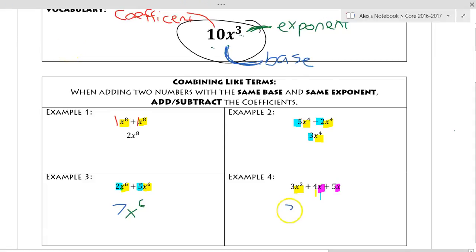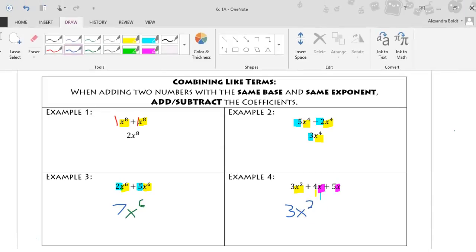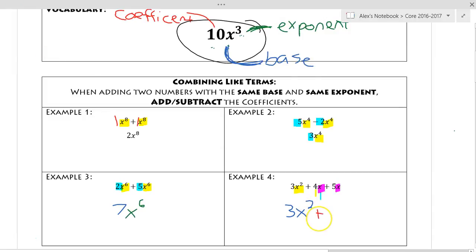Well, I still have just 3 apples. I still have just that 3x squared. Plus, now I have 4 oranges and 5 oranges for a total of 9 oranges. So 4x plus 5x is a total of 9x.